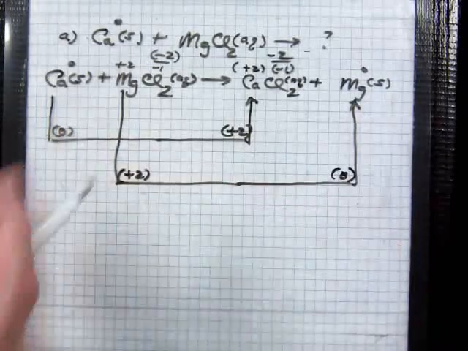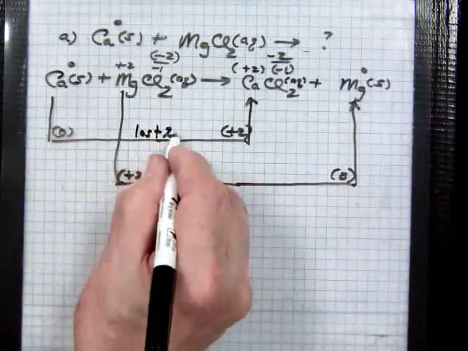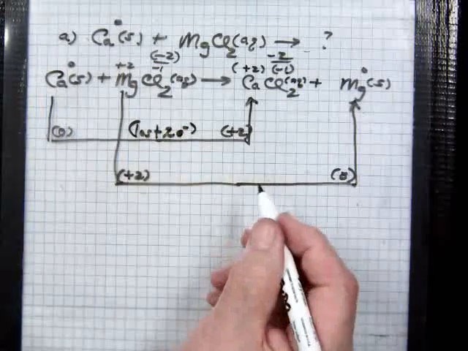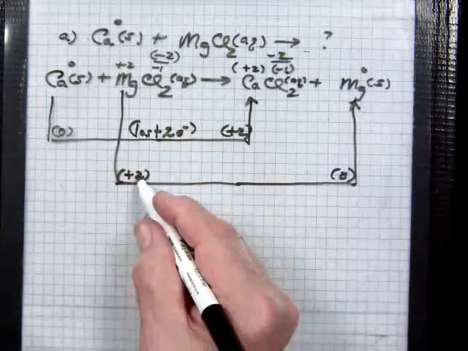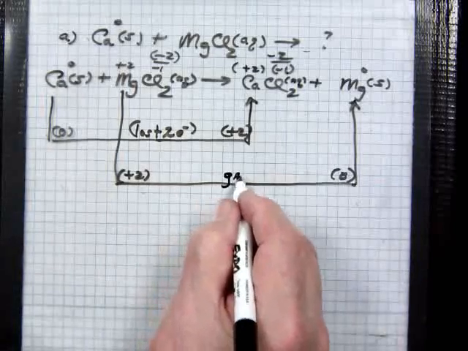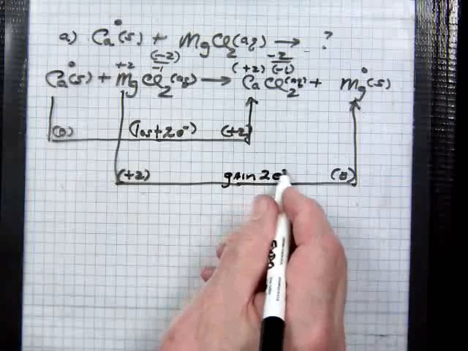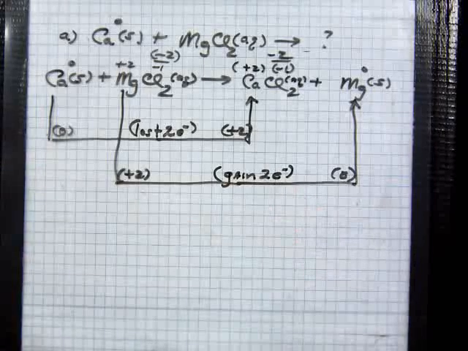So how does that translate? 0 to plus 2 is lost 2 electrons. So there's your oxidation reaction right there. And two positives are neutralized to 0, and so that's gain of 2 electrons. Well, that's convenient, but your charge transfers are equal.